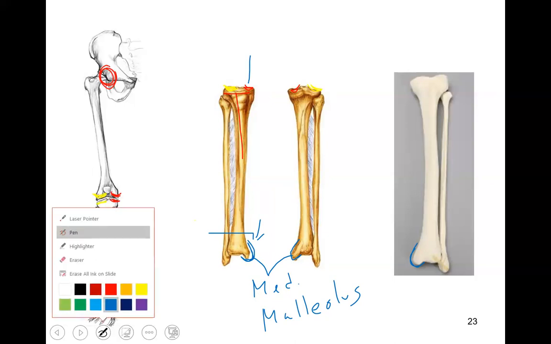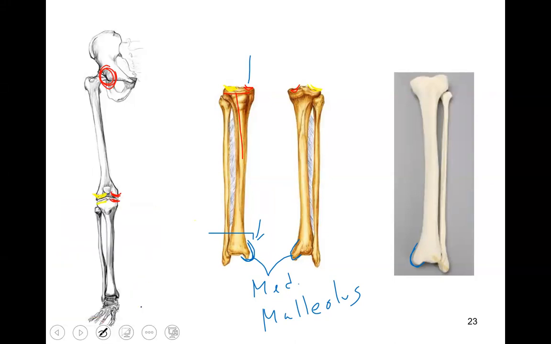In order to tell front versus back, working towards determining left versus right here, there is a bump on the front of the tibia only. So this is the anterior side of the tibia, and this is the posterior side. Only on the front do we have this bump.